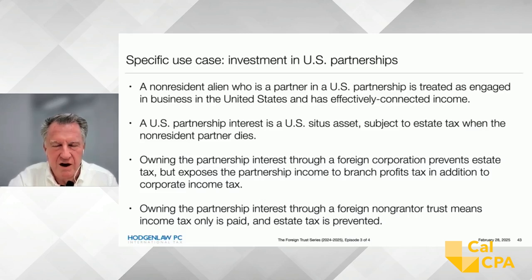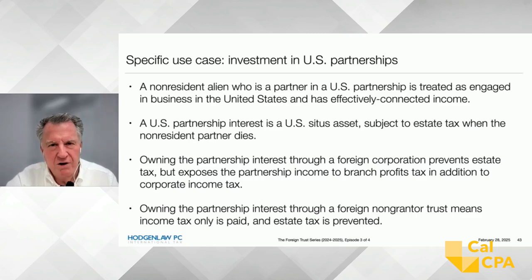You're going to get a K-1, and that'll be included, and you'll report it on a 1040 NR. But this individual is also going to have a U.S. situs asset, because the partnership interest is a U.S. partnership, and so the asset, and therefore the asset value, will be subject to U.S. estate tax if this partnership interest is still owned by the individual when he or she dies.